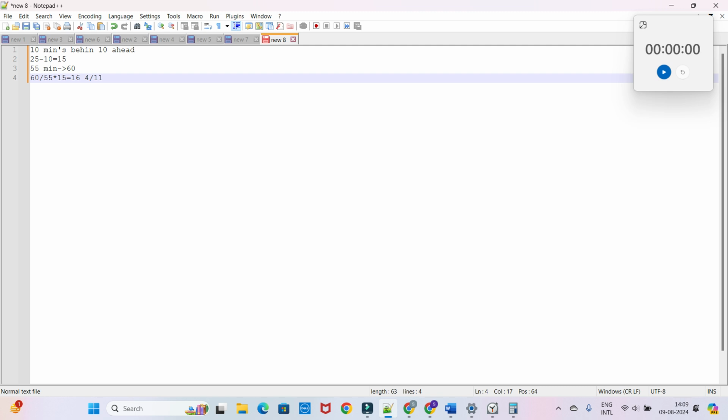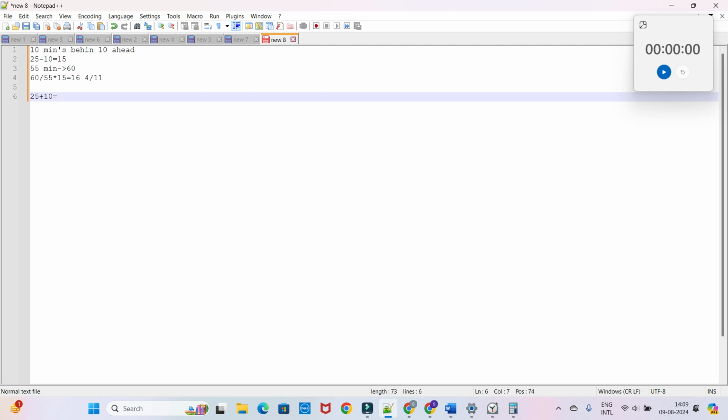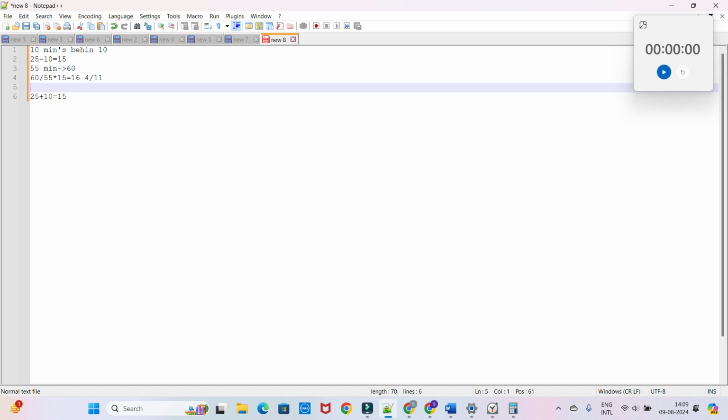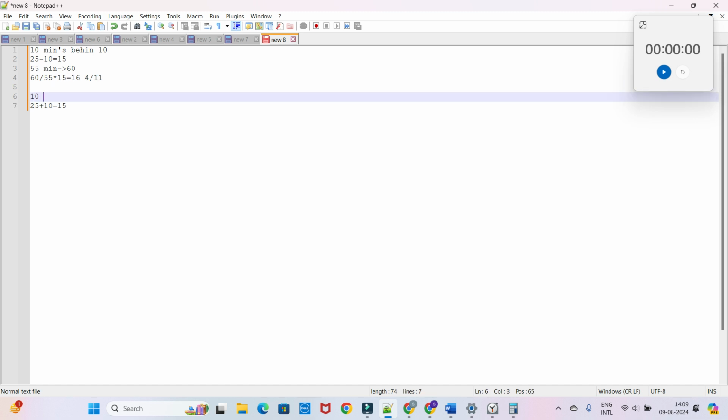Okay, coming to the second case, when the minute hand would be 10 minutes ahead, that is 25 plus 10, that is 35. So this is behind, and this is 10 minutes ahead.